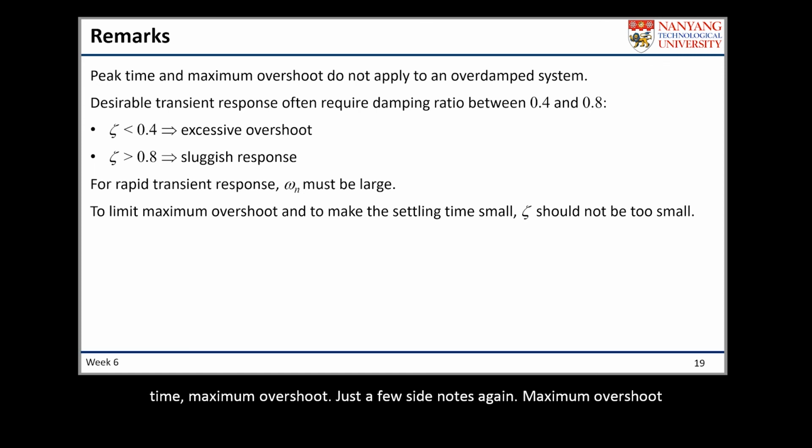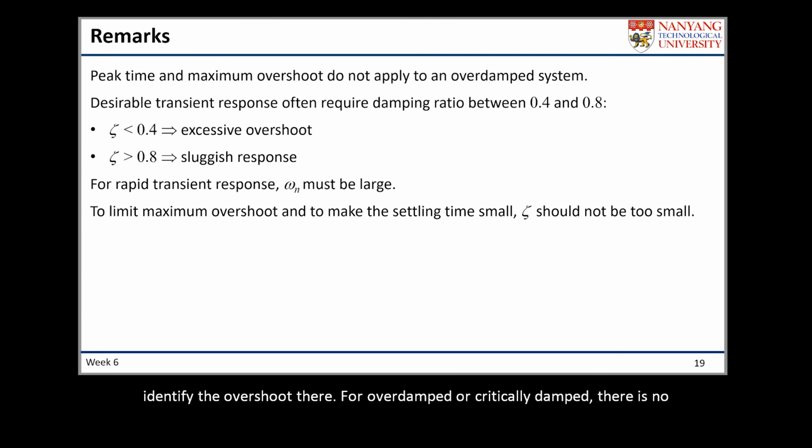Of course, maximum overshoot and peak time only apply to underdamped systems. Why? Because it's only underdamped systems that will give an overshoot in your response. For the rest, if you are talking about overdamped, critically damped, or undamped, for undamped, the response is always oscillating, so you cannot identify the overshoot there.